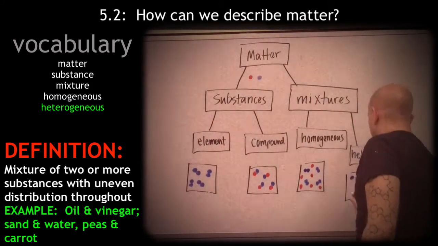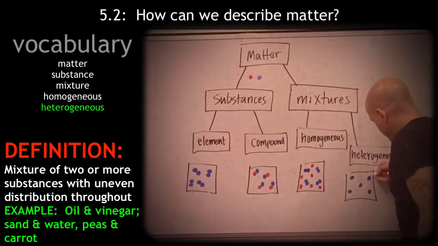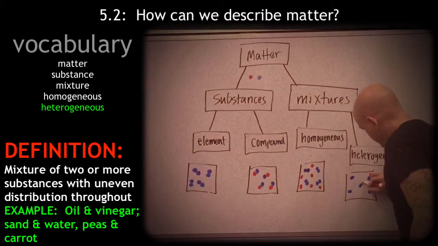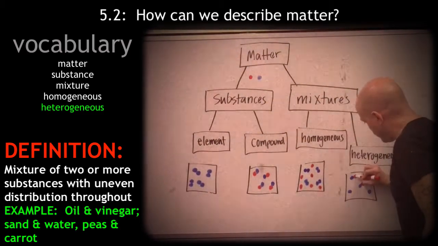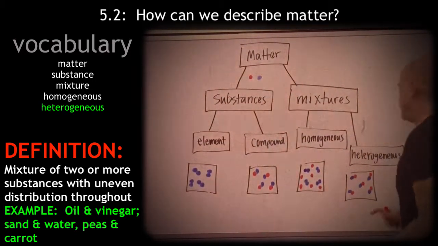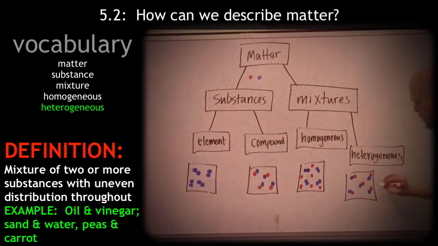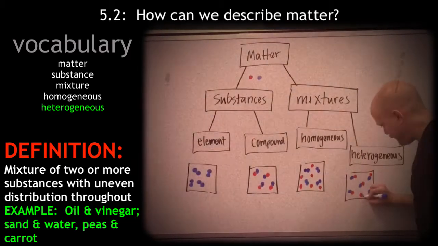Now a heterogeneous mixture. An example of a heterogeneous mixture is sand and water. Sand and water is not evenly distributed when you mix them up. The sand settles to the bottom and the water is distributed throughout. So an example of a heterogeneous mixture, I'm going to make it a little bit more complicated.